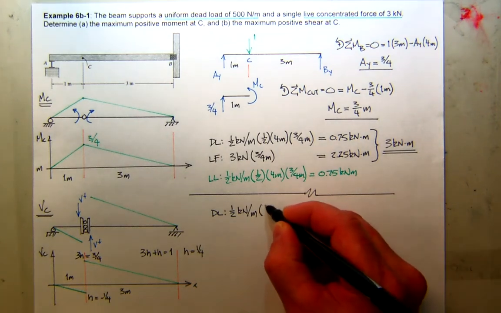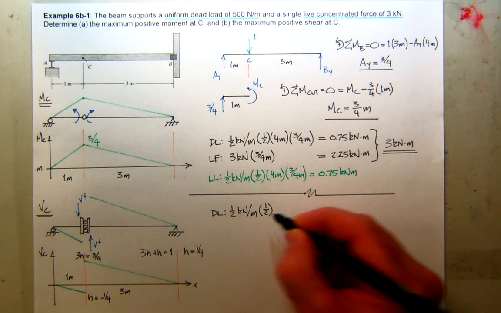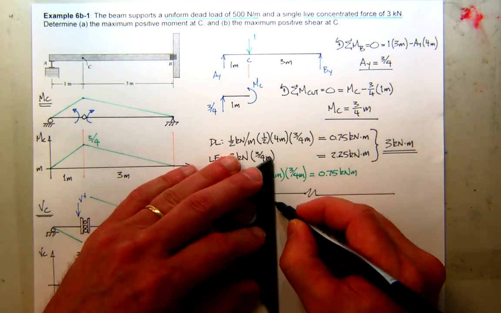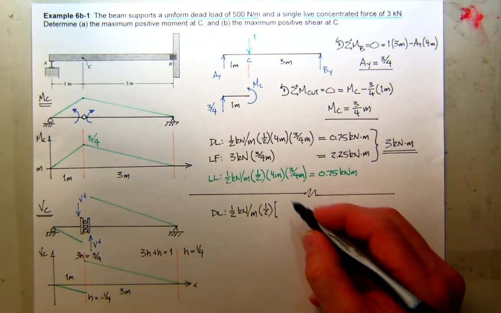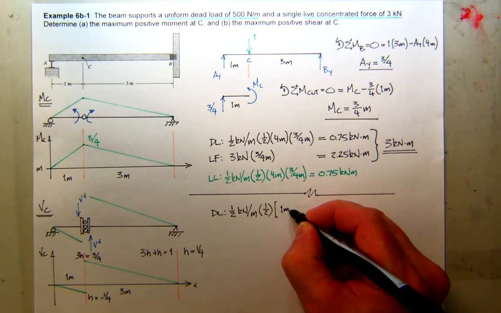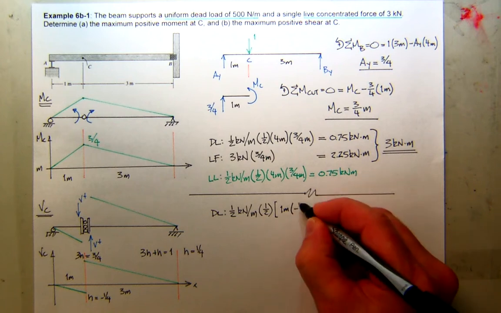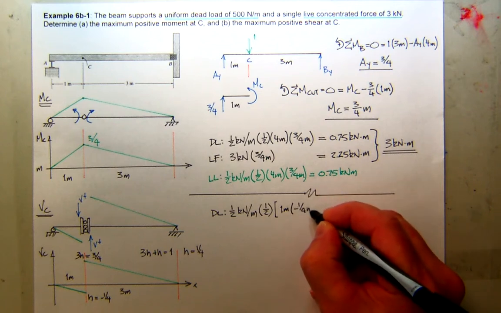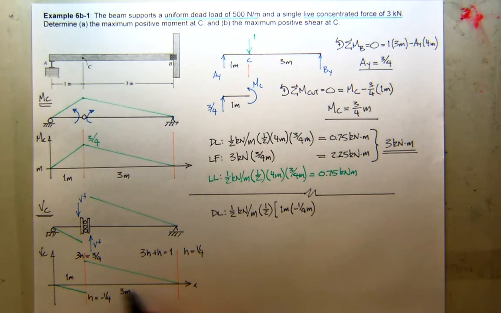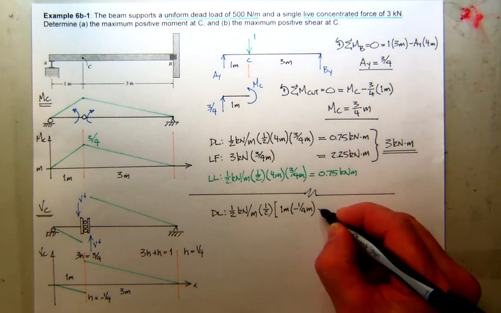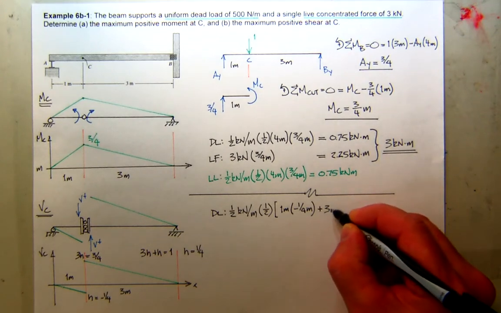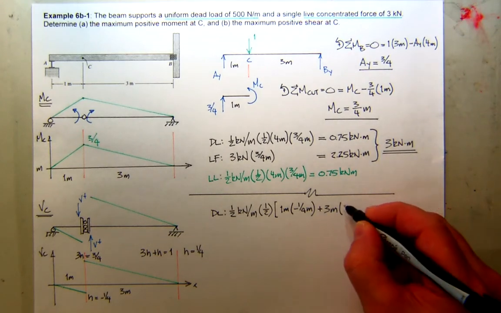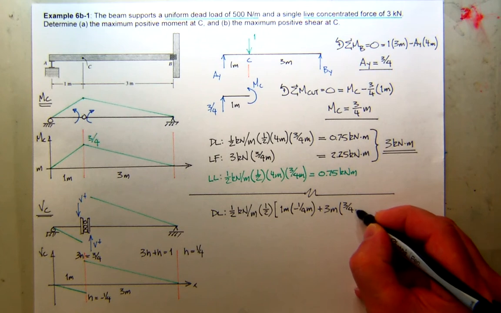They're both triangles, so I'll factor out the half. Starting on the left side, I've got a base of 1 meter and a height of -1/4 meter. Then the positive triangle has a base dimension of 3 and a height of 3/4.